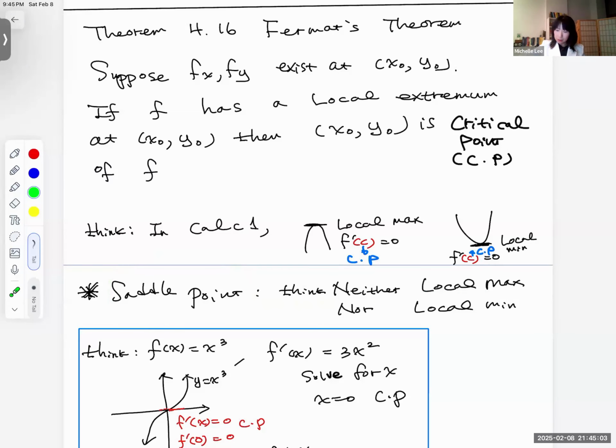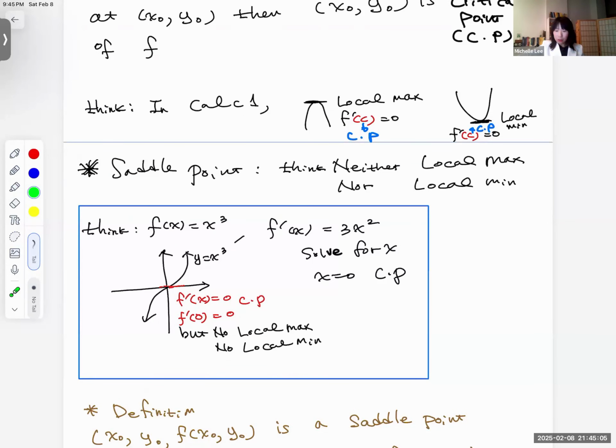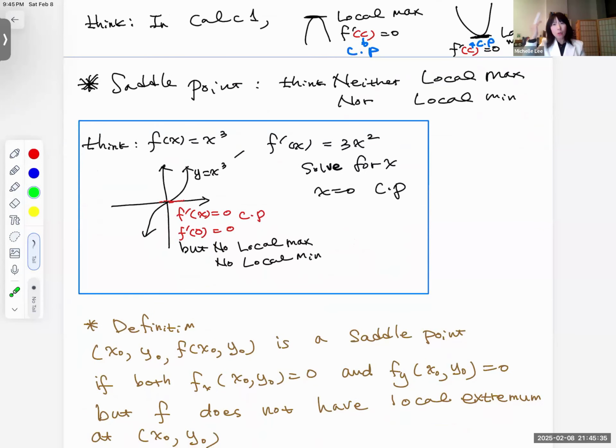Okay. So we have a critical point when x equal to 0. This is what I was talking about earlier, right? But then we don't have a local max or local minimum when x equal to 0, even though this is a critical point, right? Those points we have a name for, saddle point. All right. So neither local max nor local minimum.